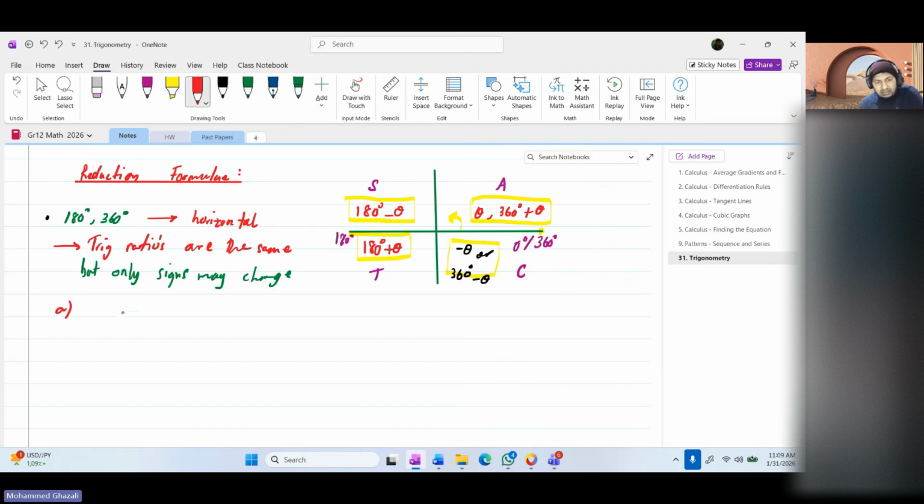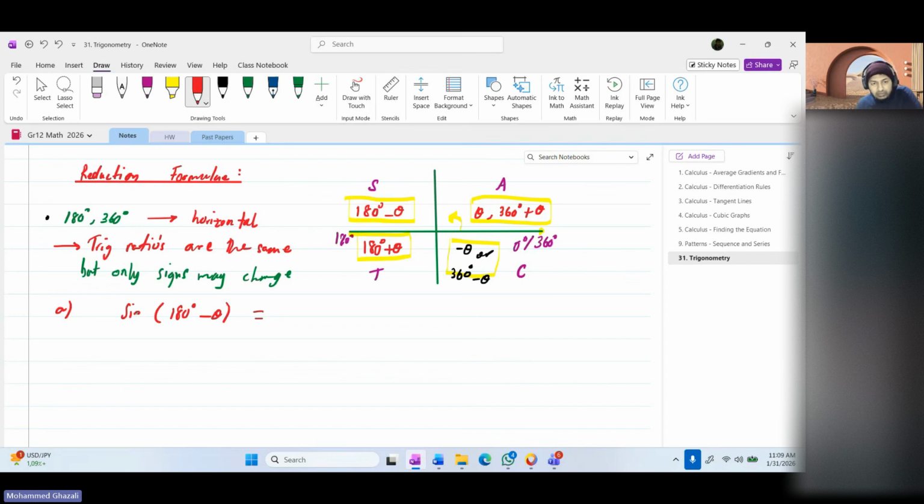Looking at an example, what is sine of 180 degrees minus theta? Remember, we are using just 180 and 360. Sine of 180 degrees minus theta will be in the second quadrant.